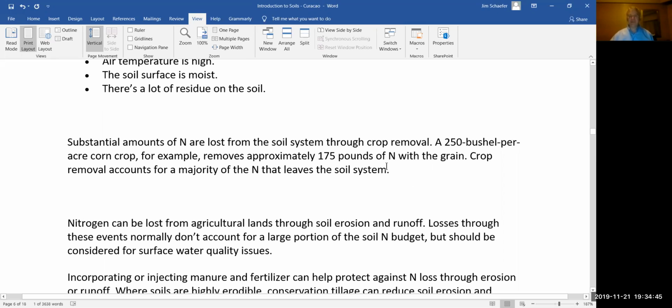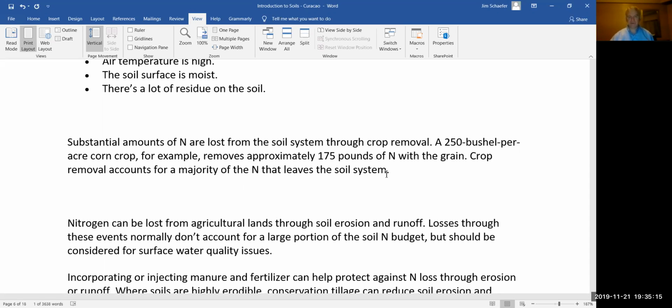At 250 bushels per acre, corn will remove about 175 pounds of nitrogen with the grain. Crop removal, doesn't matter what the crop is, accounts for a majority of the nitrogen that leaves the soil system.